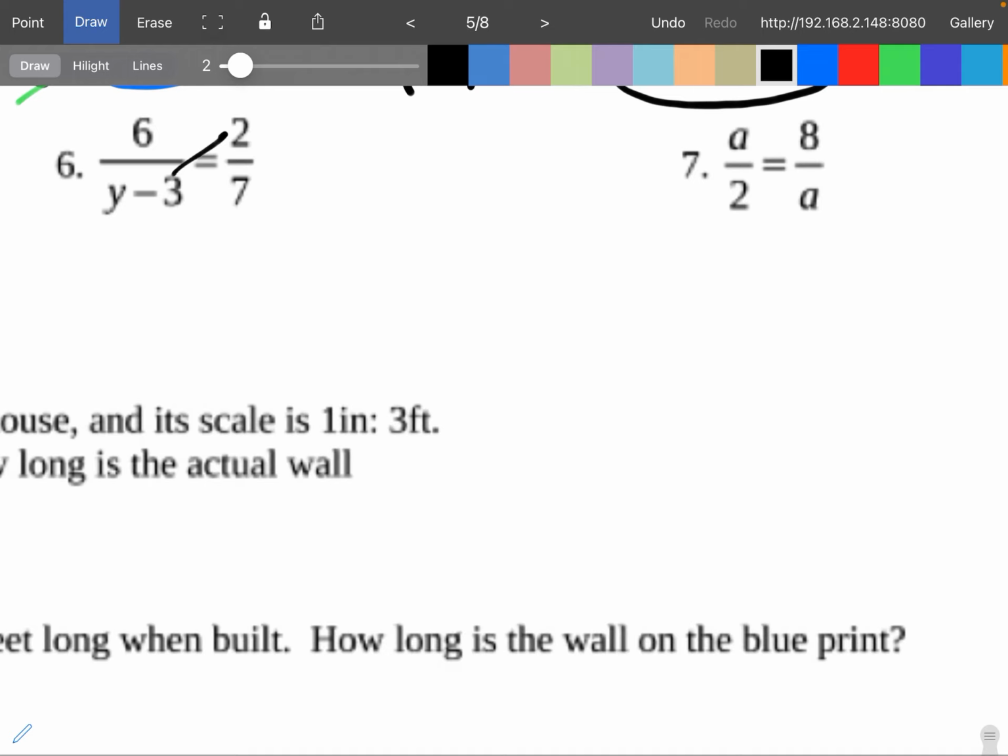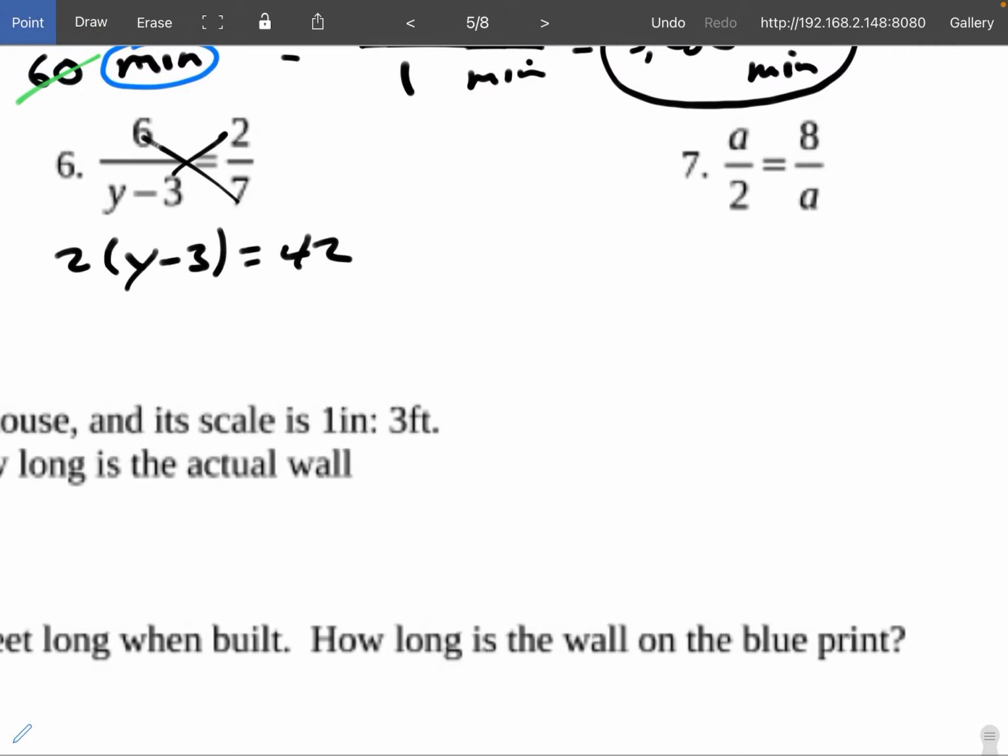Next one. Now the next one you need to be a little more careful, because when you do this cross product there, you've actually got to set it up so that you distribute. So that would be 2 times the quantity y minus 3 in parentheses. That would equal the other cross product, which is 6 times 7. 42.